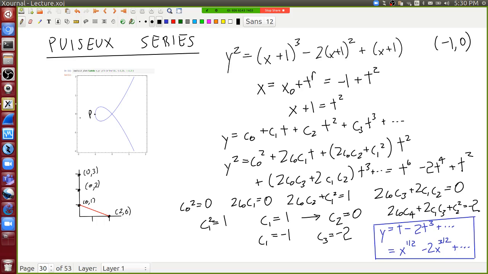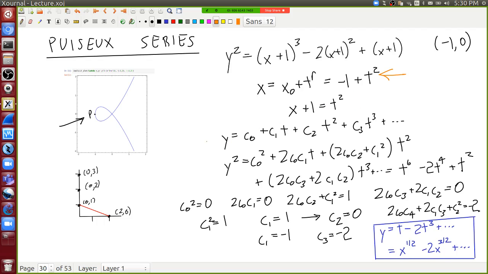This point over here, P, is the point where I got ramification. Here the Newton polygon showed me that my r is 2, so I need to change color to make that a little clearer what I'm talking about here. This 2, so my x expansion is -1 plus t squared, so I'm not going to just use x as my t value.